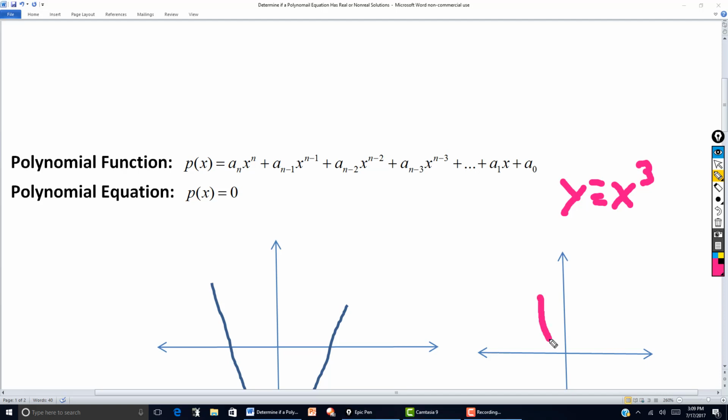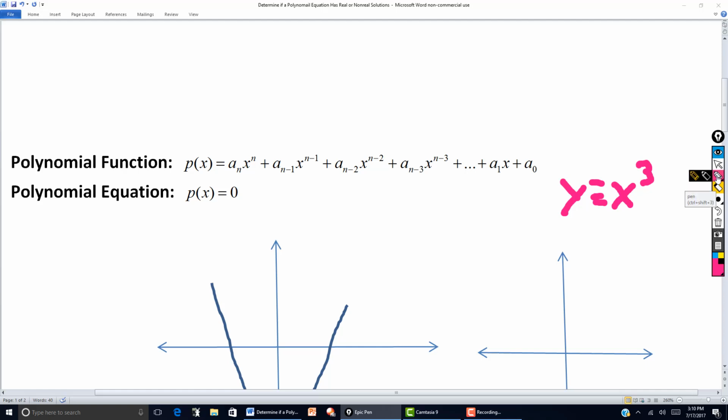Instead of going up, it comes down this way. So y equals x cubed goes this way, and y equals negative x to the third comes this way. The graph is either rising or falling depending on the coefficient of that high degree term.